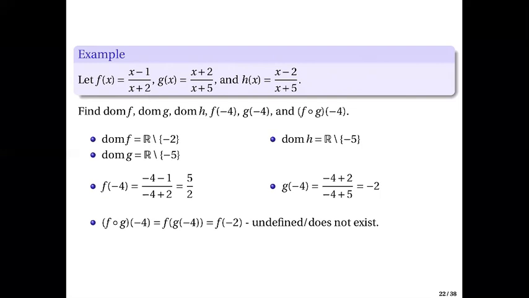If x plus 2 equals 0, then x equals negative 2, so you remove negative 2. For g of x and h of x, the denominators are the same, which is x plus 5. So we solve x plus 5 equals 0 and get x equals negative 5. We remove x equals negative 5 from the set of real numbers, and you will get the domains of g and h.